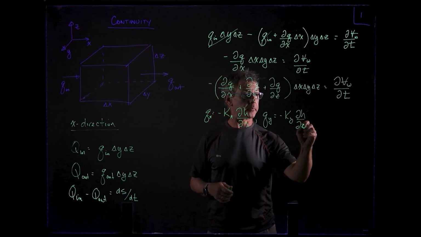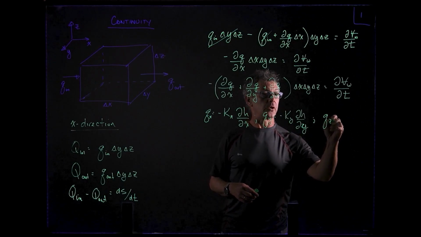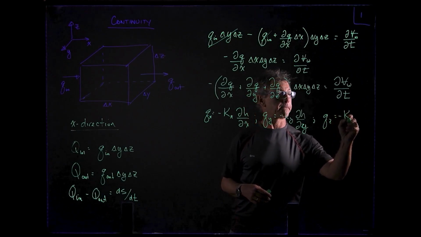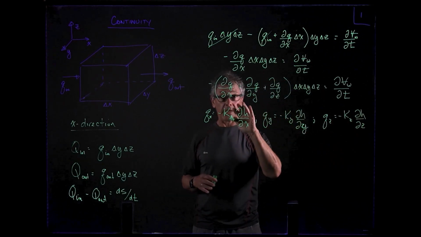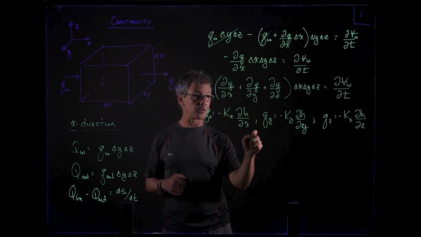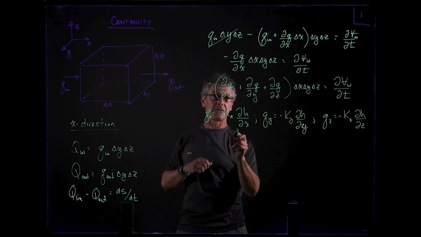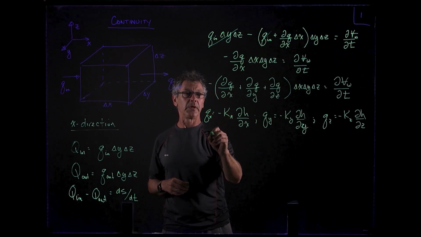Oops, I'm getting ahead of myself. We have the discharge in all three directions, right? So I can go ahead and substitute that in, and notice that there's a negative sign in front of all these Darcy's law expressions, and so that's going to cancel this negative sign.